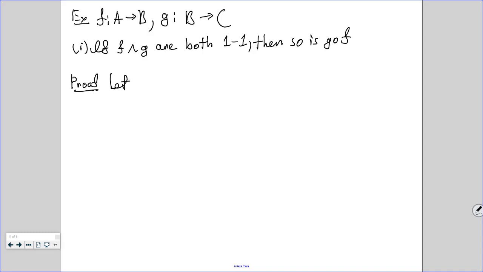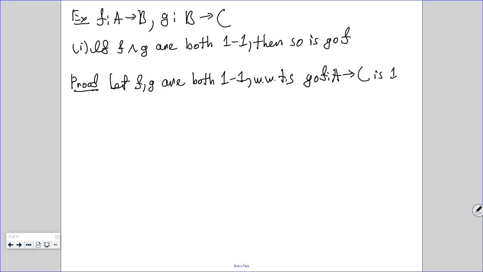We do a direct proof, so let f and g both be one-to-one. What we want to show is that the composite function is one-to-one.